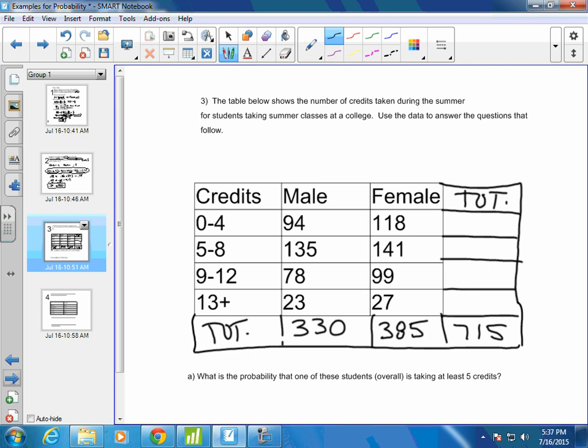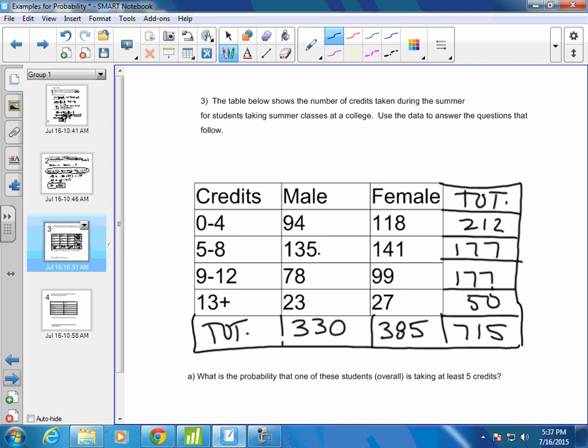Right, so let's see, 94 plus the 118, so that should give me 212 for the 0 to 4 credits. 5 to 8, if we add these two values together, that should be 177. 78 plus 99 would be 177, and then 23 plus 27 would be 50.